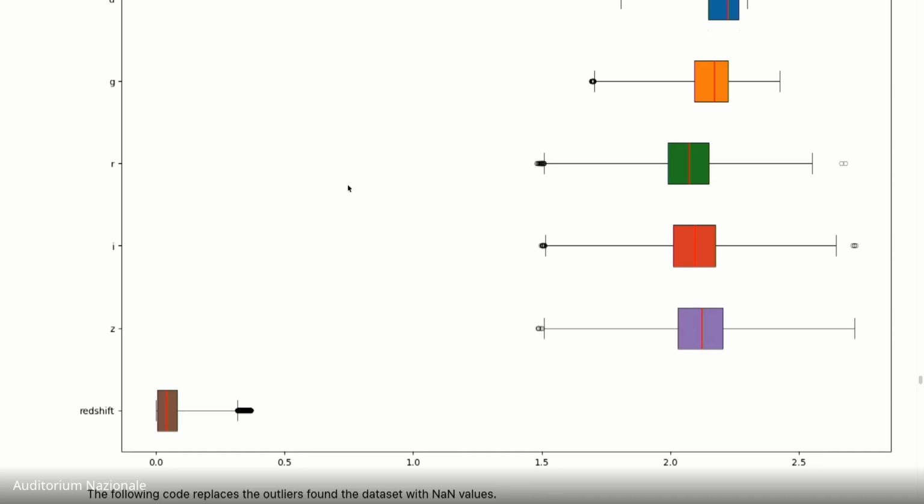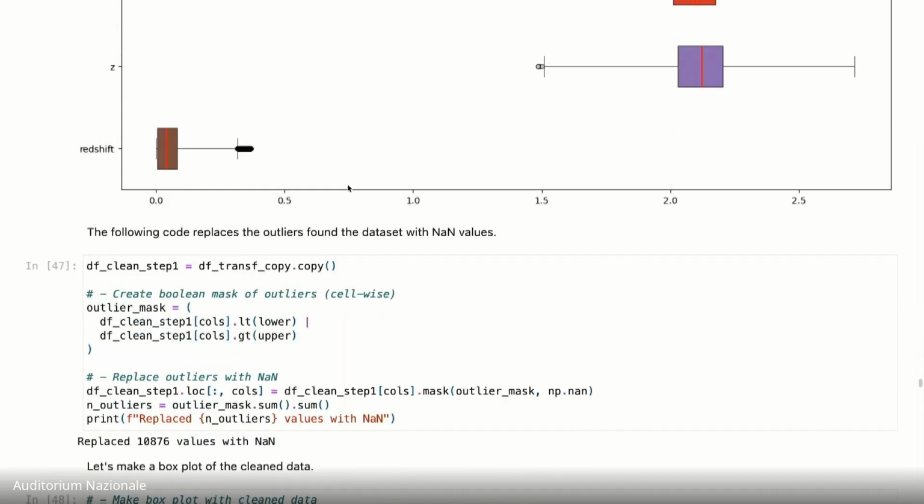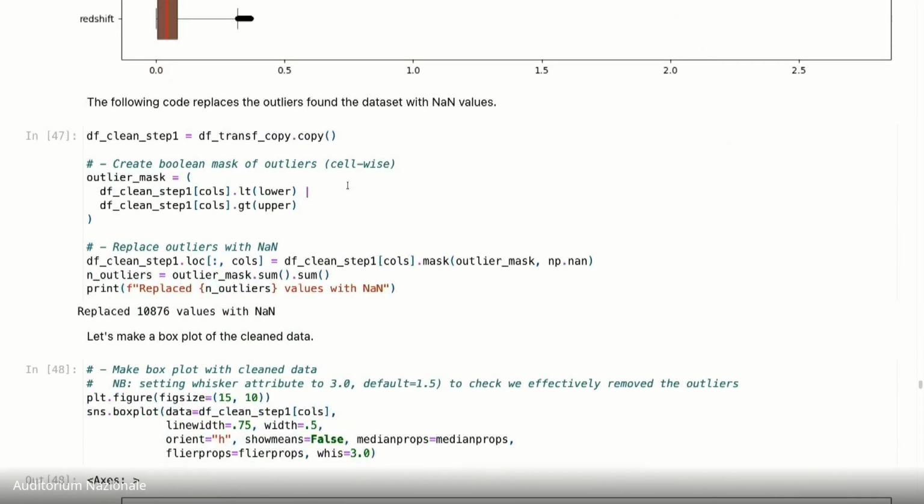We can remove them, or alternatively, the notebook does an alternative processing: it converts them to missing values, to not a number. So we still keep them, but if we know that they are corrupted measurements, we can decide to set them to none values and impute them in a second step.